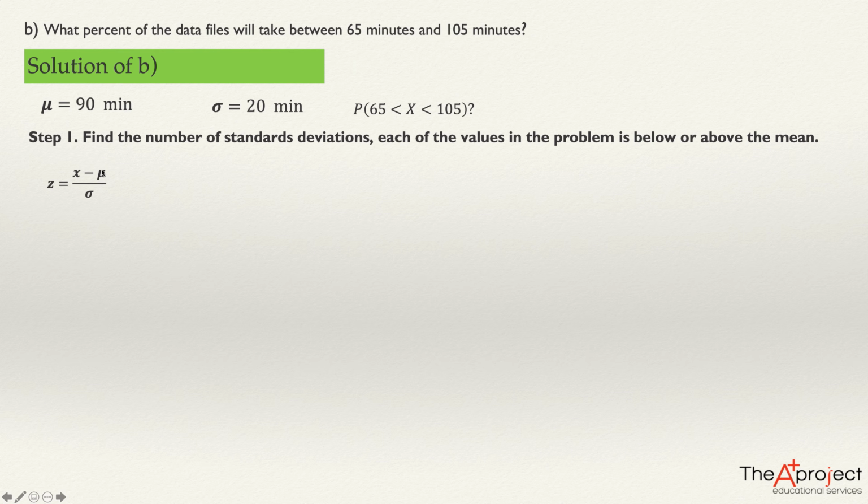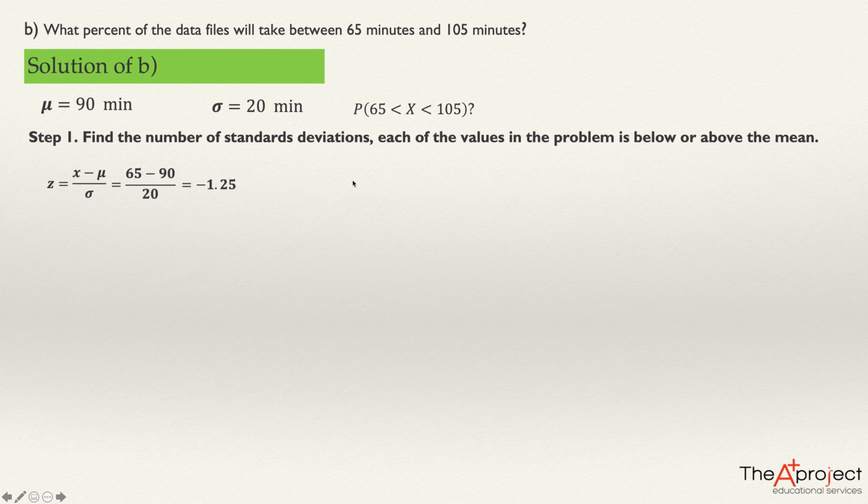We know that mu in this problem is 90 and sigma was given as 20 minutes. So for 65, just make the substitution: 65 minus 90 divided by 20. If you use your calculator, the answer is minus 1.25, and we get the first z value.